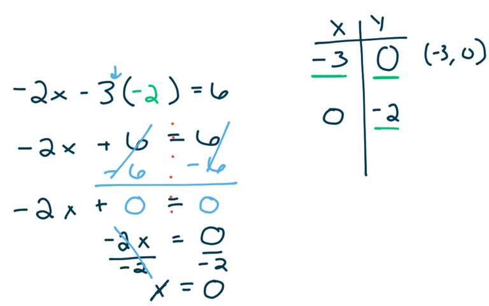So now I have another value for my x, which is 0. In this case, our ordered pair would be 0, negative 2. Alright, I hope that helps. That was an example of an x value and a y value, and hopefully that was beneficial.